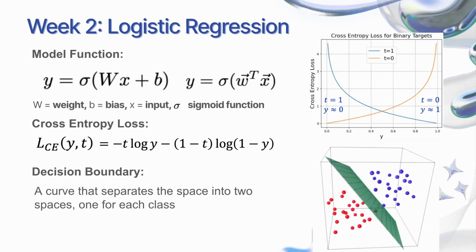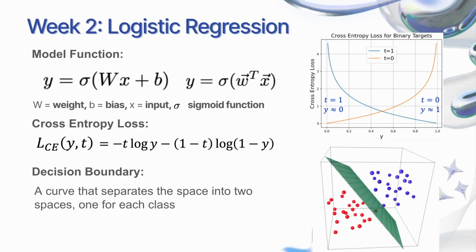In week 2, you should have learned about logistic regression. Again, we have our vectorized format, which is our weighted sum, our weight times our input plus some bias, wrapped in a sigmoid function. The whole purpose of logistic regression is that it's able to classify 2 classes from each other.